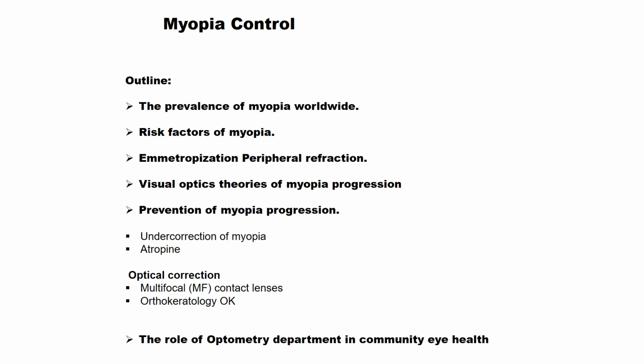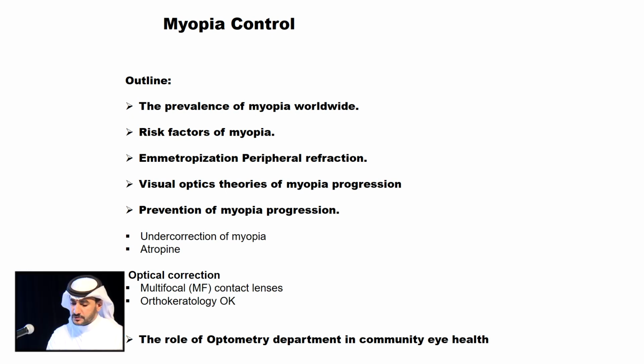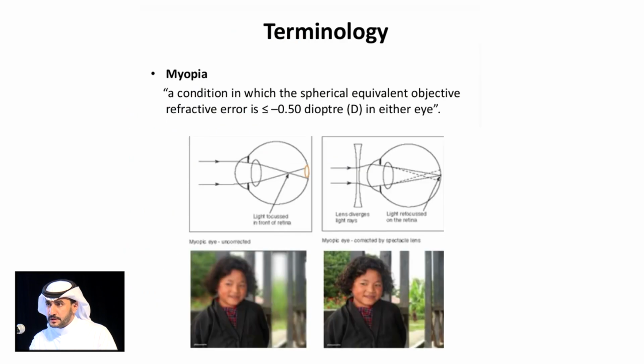After that, we're going to talk about prevention strategies and methods to control myopia. And at the end of my talk, I will talk about the role of our department in community eye health. Myopia is defined as minus 0.5 or more in either eye.